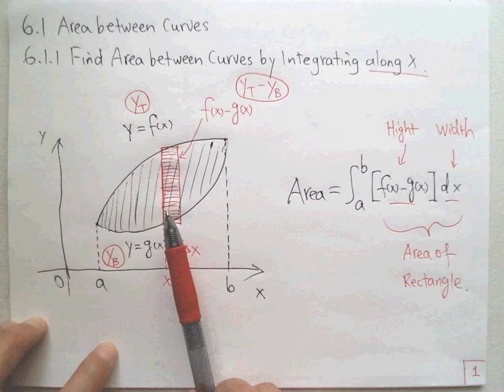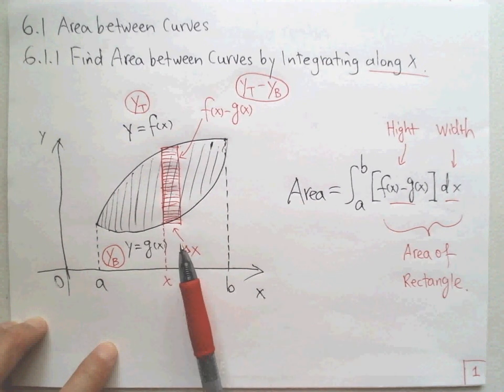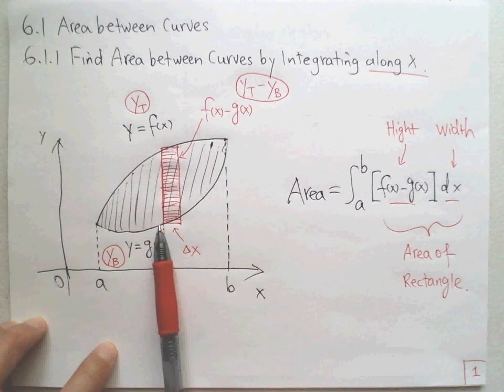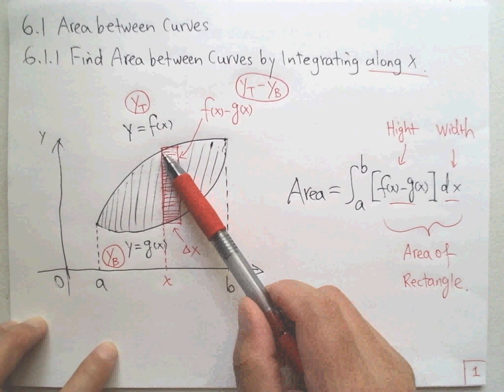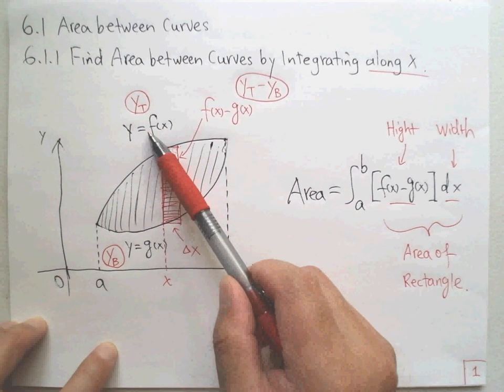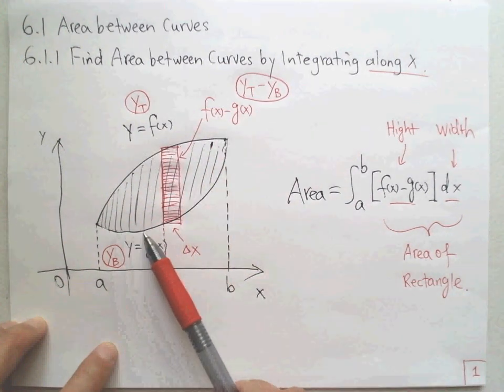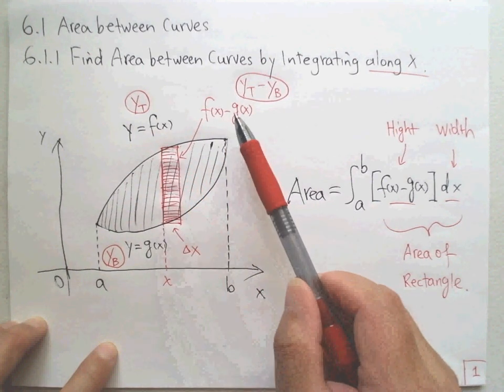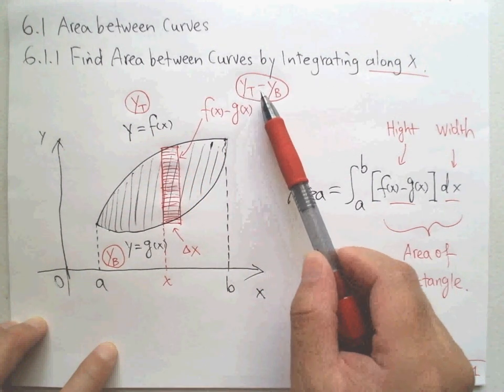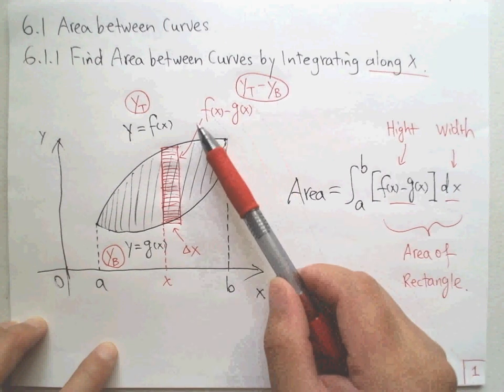The width is delta x. How to find the height? The highest is f(x). The lowest point, the height is g, so f minus g, or we say y top minus y bottom. The distance between the two y's is the height.